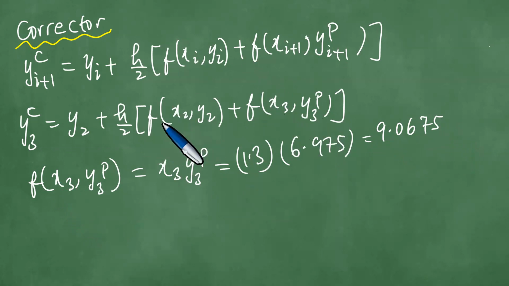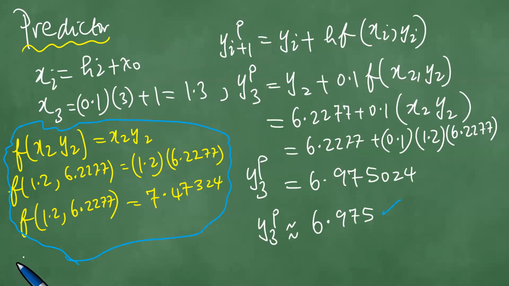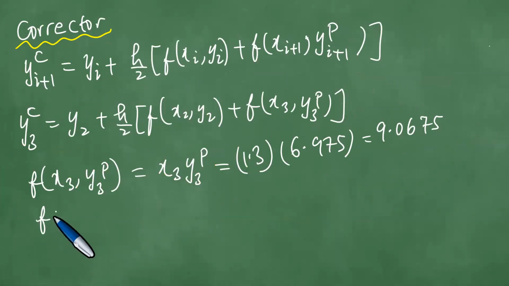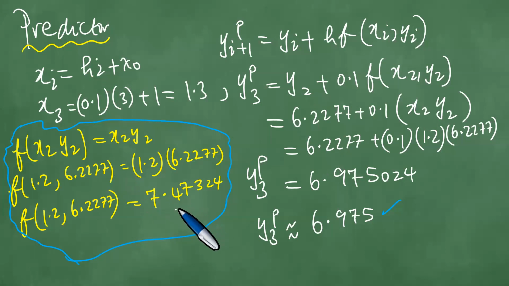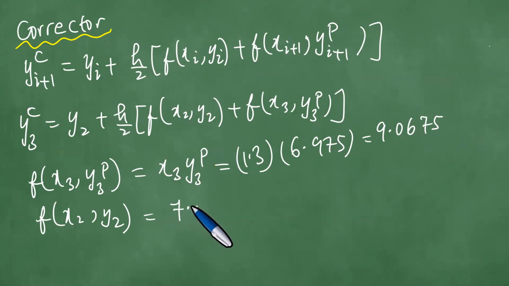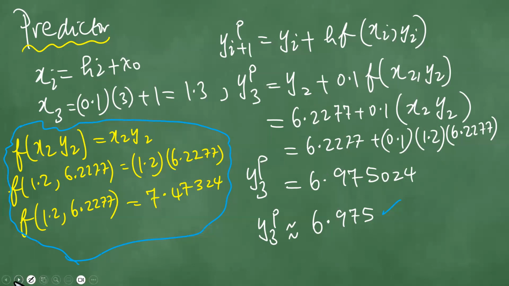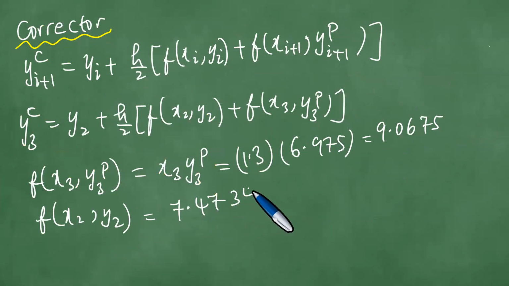And then now we just need also the f of x2, y2, which is this one, 7.47324.